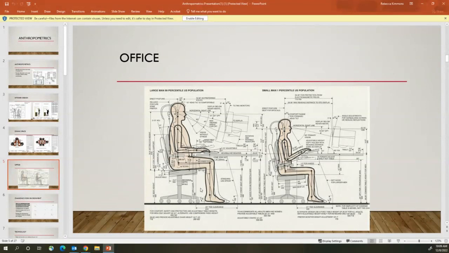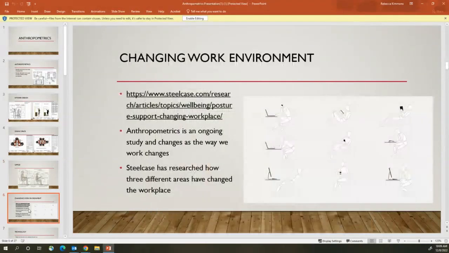This is showing you the study of where people should be looking at their computer, what the angle of their arms should be, what the angle of their legs should be. And this is where, with furniture vendors, it comes into play in making sure there's adjustability in the desks and the table surfaces and the chairs so that it can meet the majority of people.